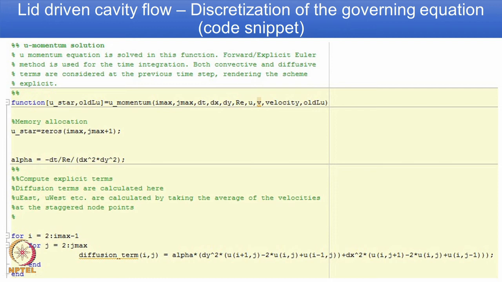Similarly, when you do the second derivative for the y direction, that is ∂²u/∂y², we have only delta y squared, we do not have a delta x squared, whereas alpha is generically defined considering both delta x squared and delta y squared.